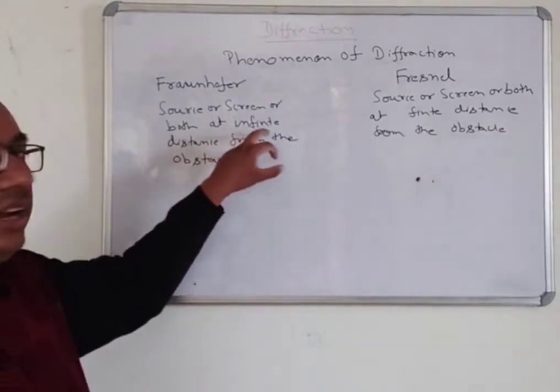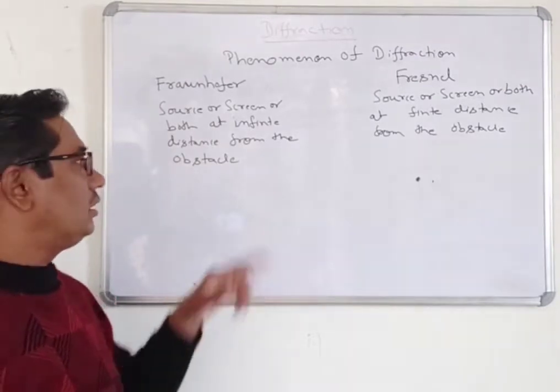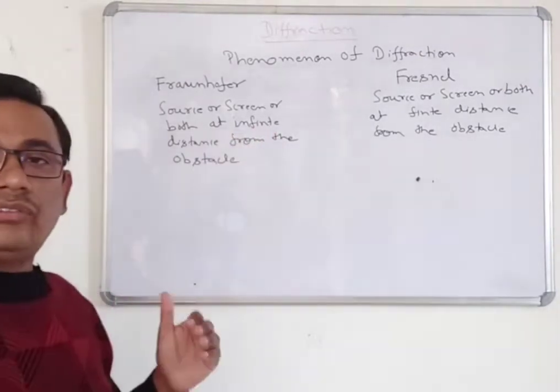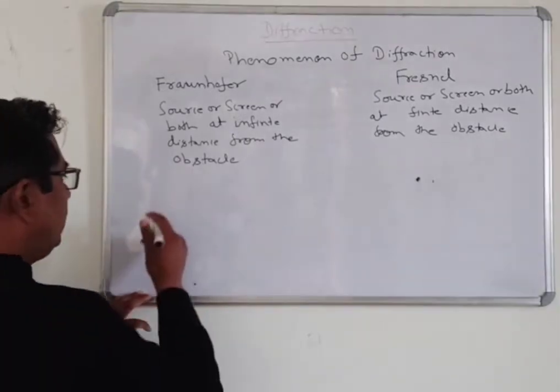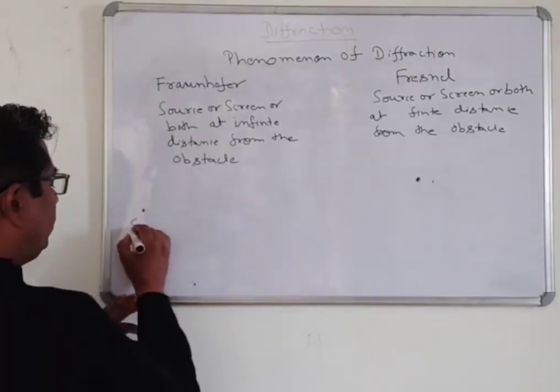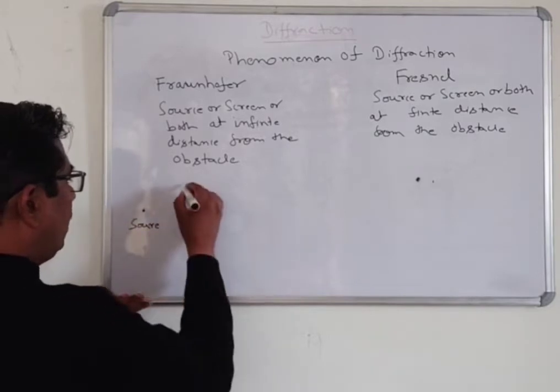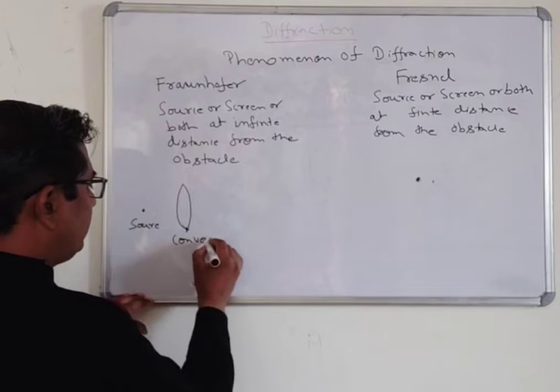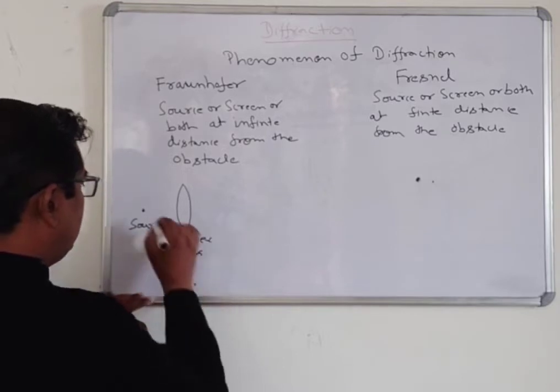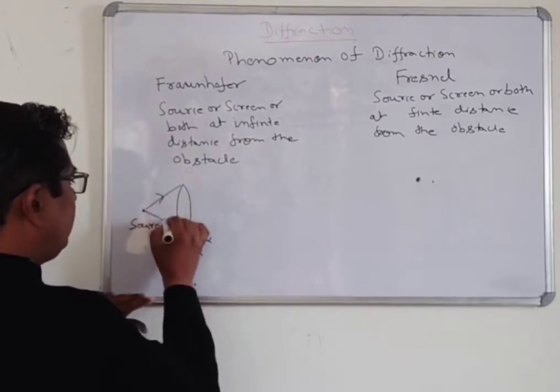What is the meaning of infinite? You know that in optics we get infinite distance through parallel light. It means that here will be a source and we will use a convex lens like that, and these rays will be parallel.